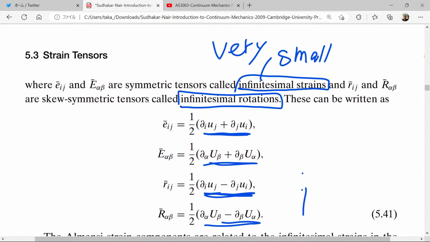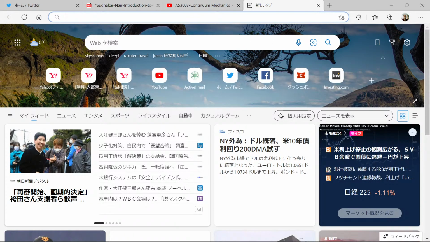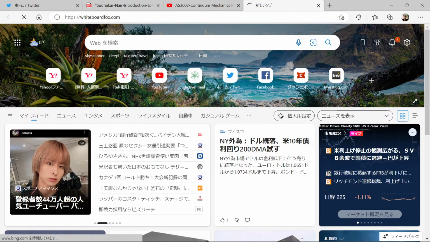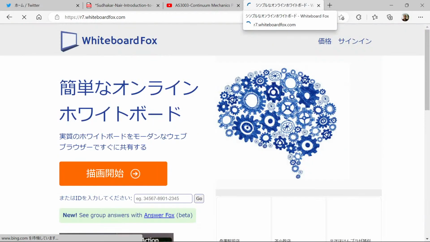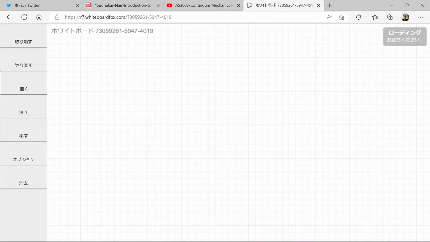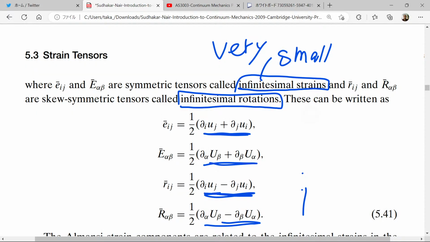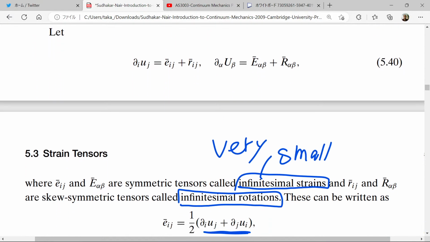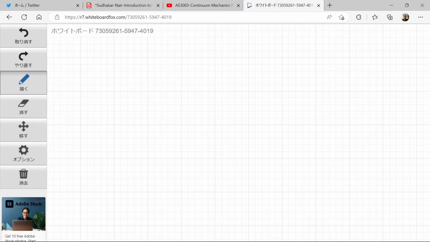Okay, let me use this whiteboard. So we have, this is the original definition. Partial i u_j is what?